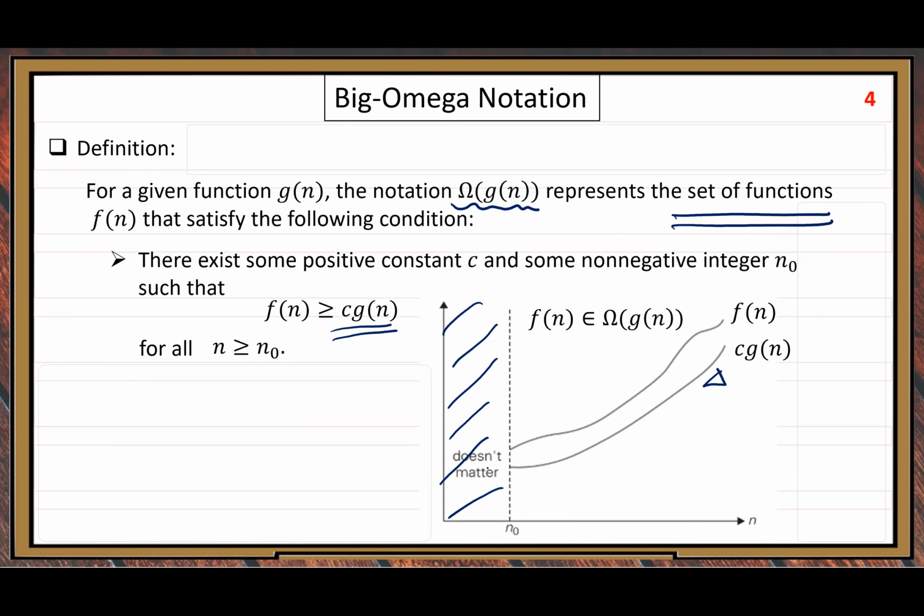We learned big theta. We just come back, use this formal definition to describe it again. You have big O, you have upper bound, you have lower bound. You put them together, you have big theta. You have both upper bound and lower bound.